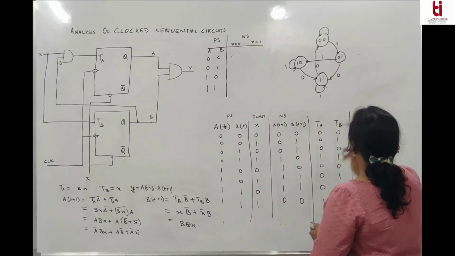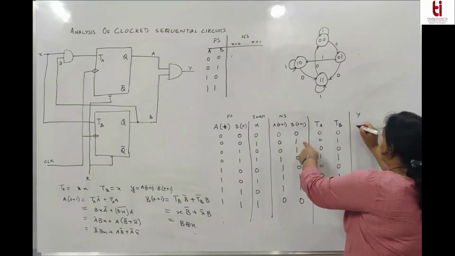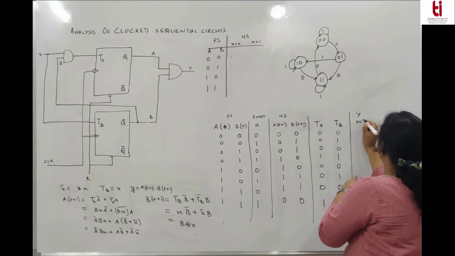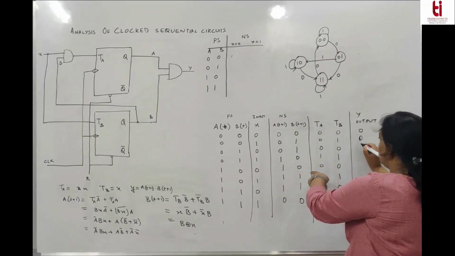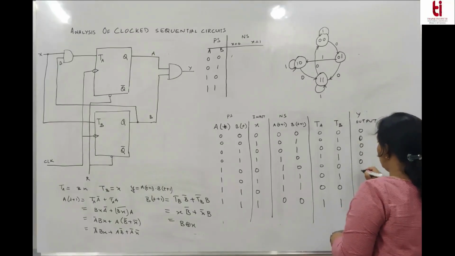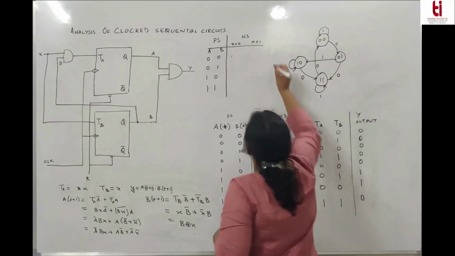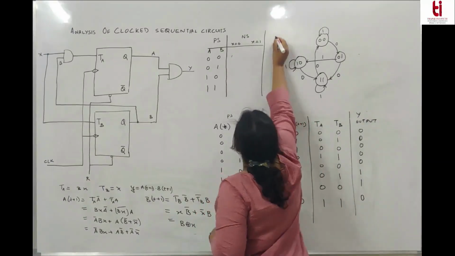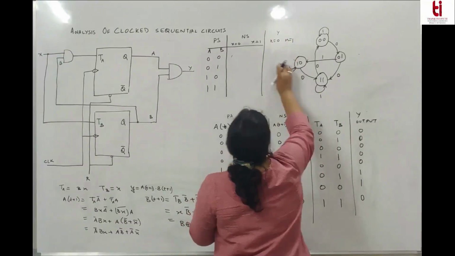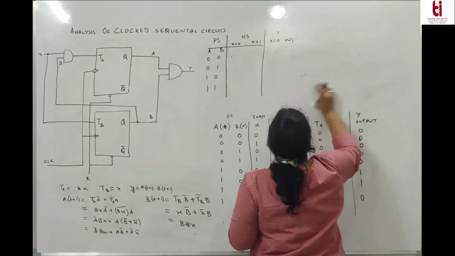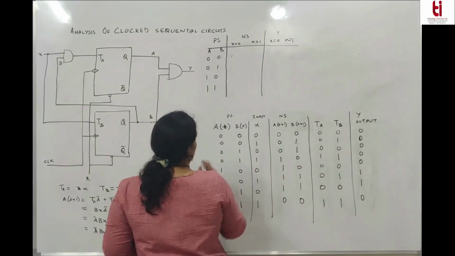So it is 0, 0, 0, 0, 1, 1, 0. This is the output. So this will be the reduced table, another way of writing the state table. This is the state table.